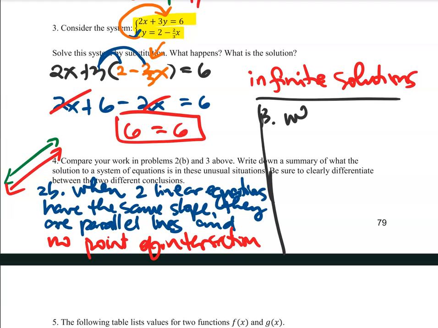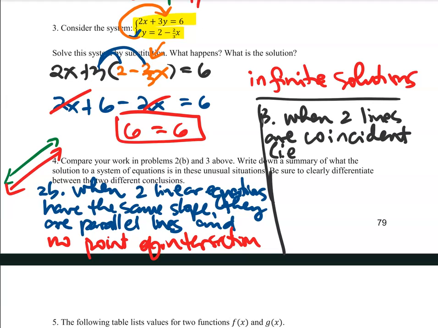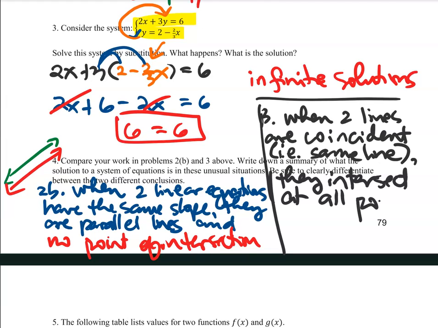So we can say that when two lines are coincident, meaning the same line, they intersect at all points.